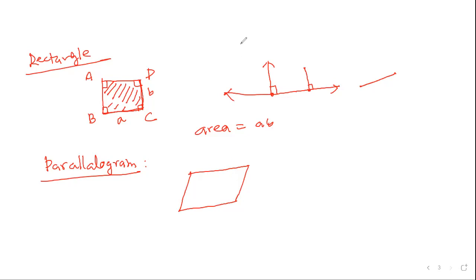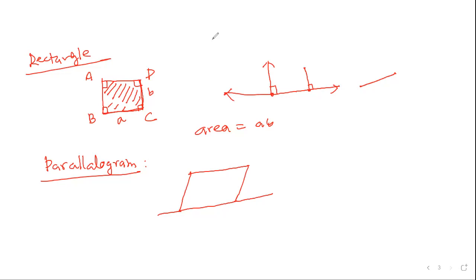So what you basically do is use the concept of rectangle. Firstly, let's say our base, maybe you can think of a little extension this way. Now we will make it into a rectangle such that the area will be unchanged.